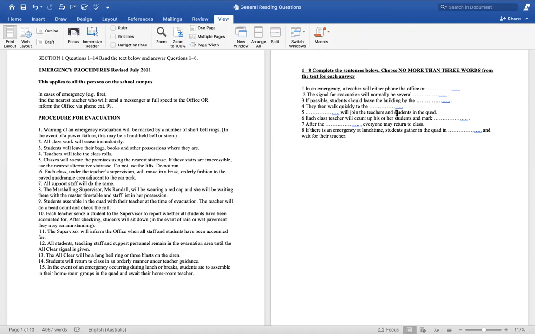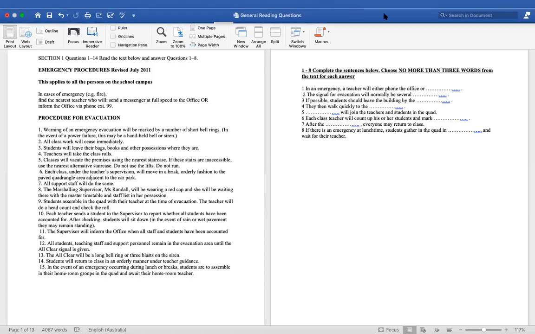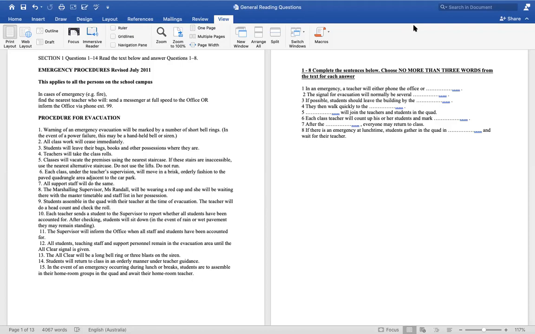They will mark the roll, check the roll. I'm just checking the chat. Yeah, the roll is correct. So marking attendance or marking the roll is correct.